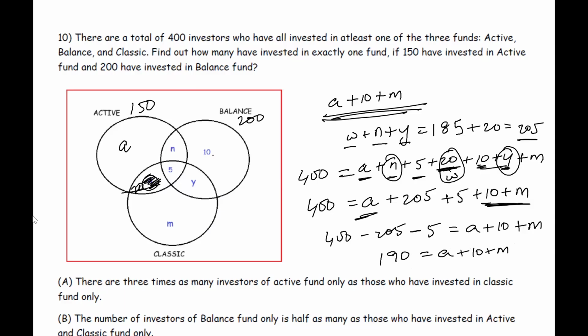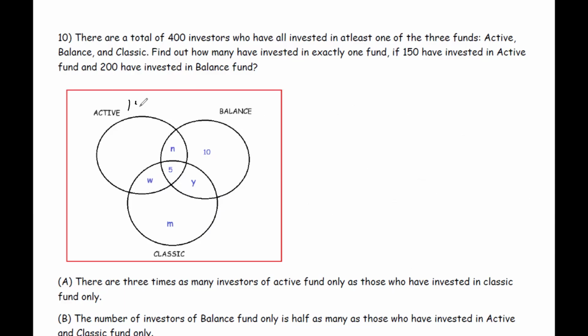Okay, right? So we'll rewrite this: 150, 200, 400. This is A, okay? And the formula is A union B union C is equal to A plus B plus C minus only two groups, minus twice all three.